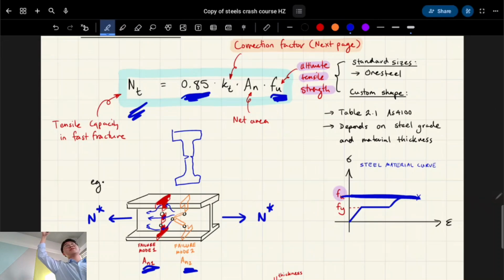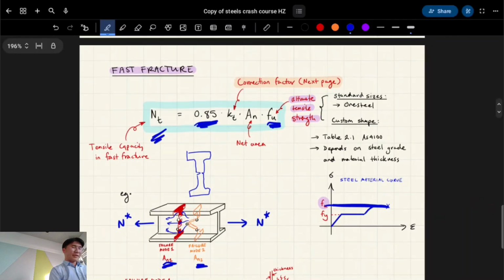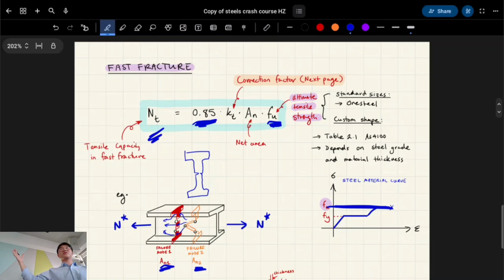So the only reason why it would ever fail before yield failure is if there's holes. Yeah, it makes sense, because the holes will reduce. That's why we have to check for everything, because everything's a push and pull. So sometimes you're going to be using a net area, but then you're using the higher strength. But sometimes you're going to be using the gross area, but using the lower strength. Makes sense? So we check for everything.